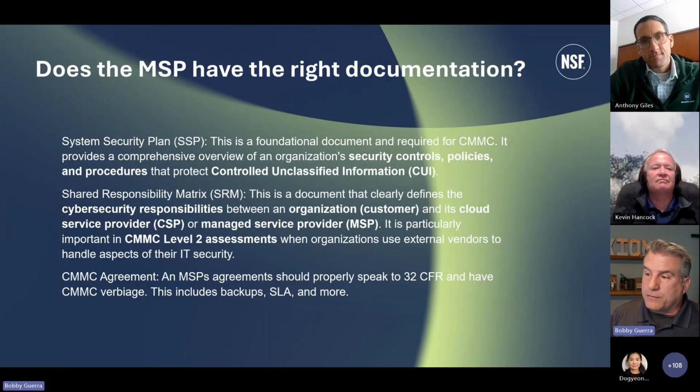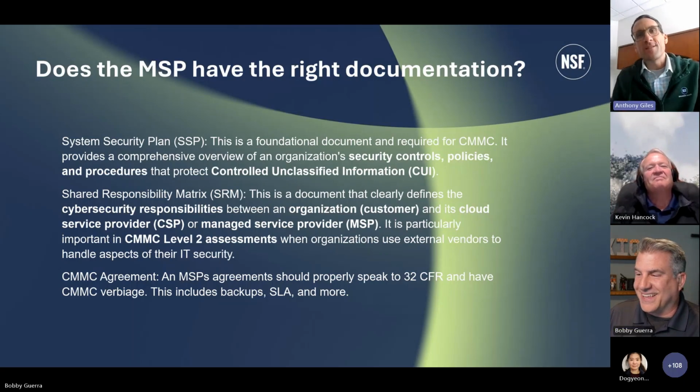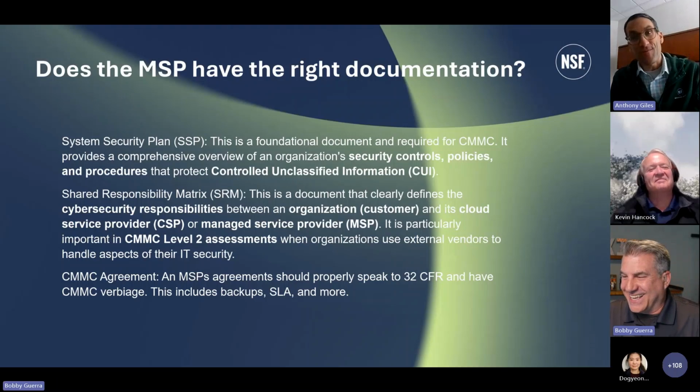And you don't want to get caught flat-footed also in your agreements, right? So Kevin or Tony, why do you think the DoD is very curious, and included in the scoping guide, that they want to see in the agreement that inheritance flowing down to the MSP? Why is that important? Well, we can go to that level of access, right? I mean, it's the very first control.